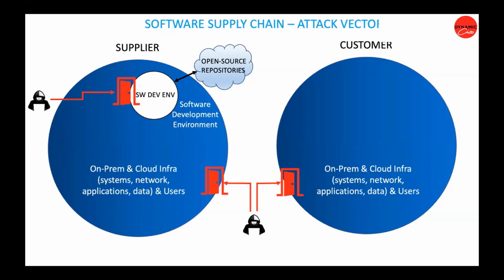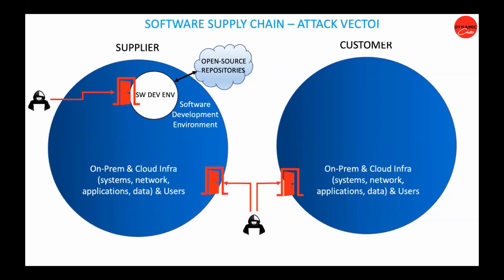The other is to directly attack the software development environment of a supplier organization, getting into the dev environment to compromise the build servers and tamper with the code. We'll see how that is done, and how that can be protected. It's for this reason that you need DevSecOps and you need pipeline security, right? Without DevSecOps, a supplier organization, or any organization that develops software, is bound to get attacked.